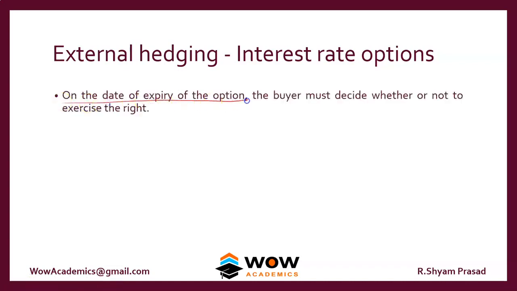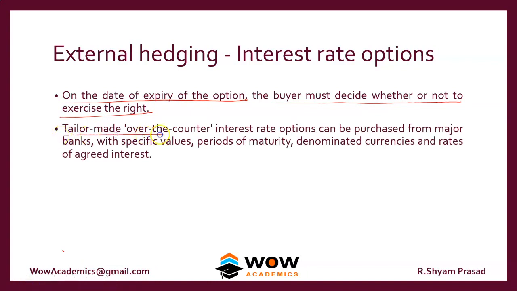On the date of expiry of the option, the buyer must decide whether or not to exercise the option. Tailor-made OTC interest rate options can be purchased from major banks with specific values, maturity period, denominated currency, and rates of agreed interest.